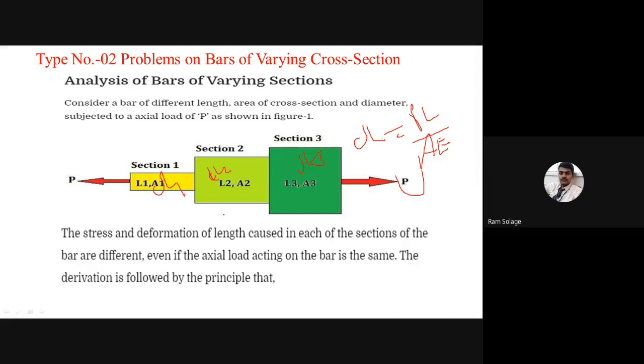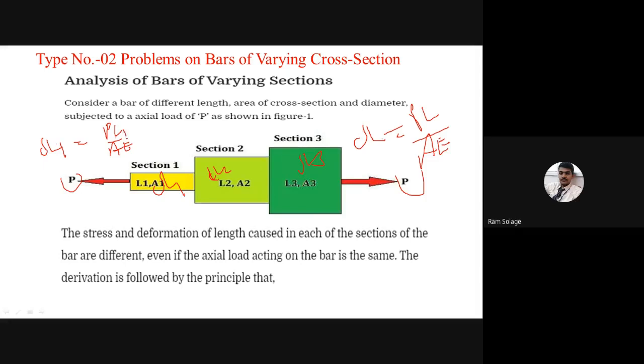Now we have to calculate the value of delta L1, the change in length or elongation of section number 1. We take the same formula, PL upon AE. P is common because the same force is applied on all sections, so there is no change.